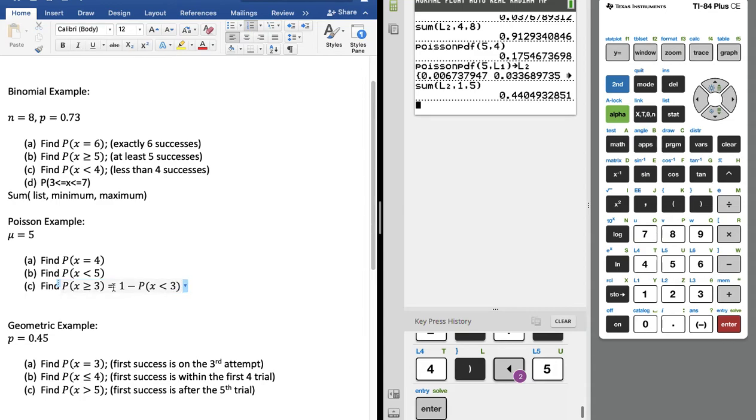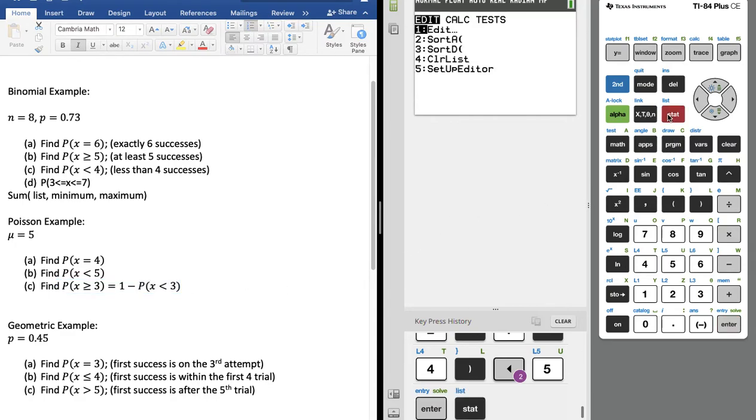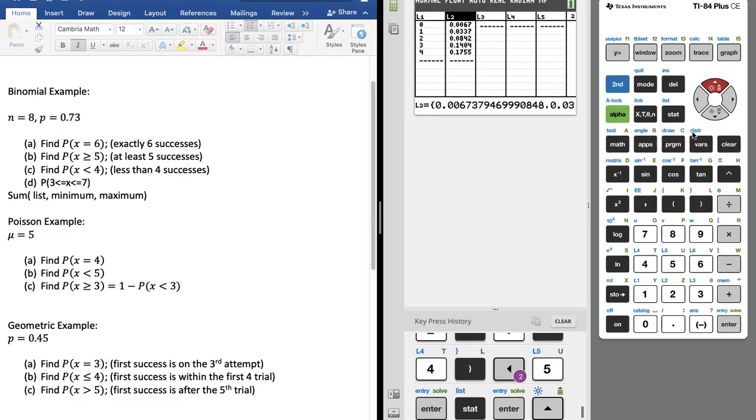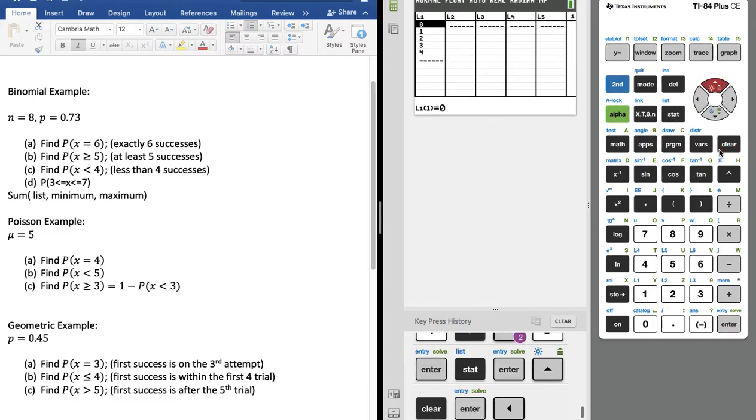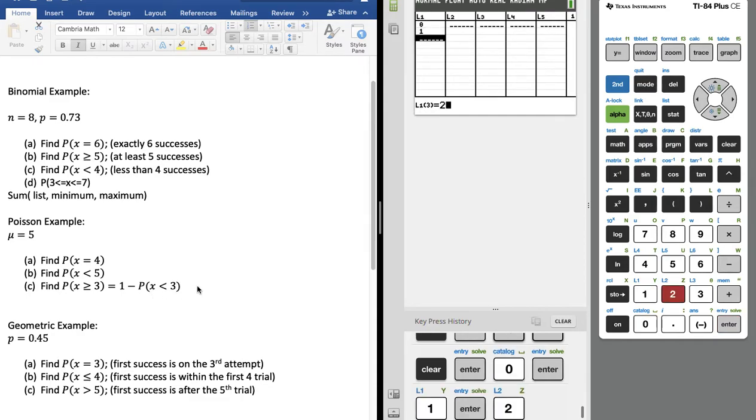Okay, so we're actually going to find this here, and then we're going to subtract it from 1. So again, going into stat edit, we're going to create this list. And just based off of the average, this probability is probably going to be pretty high. So let's see, less than 3 would be 0, 1, and 2.